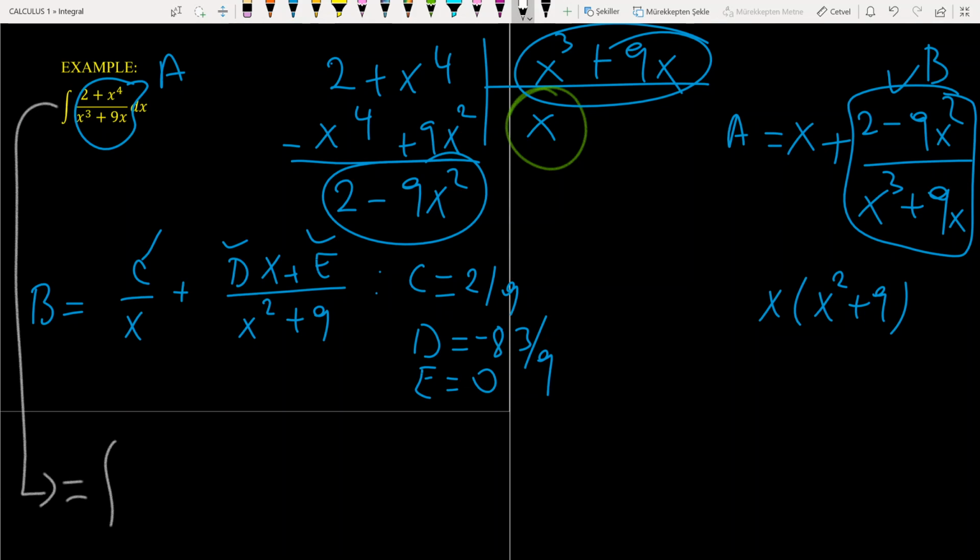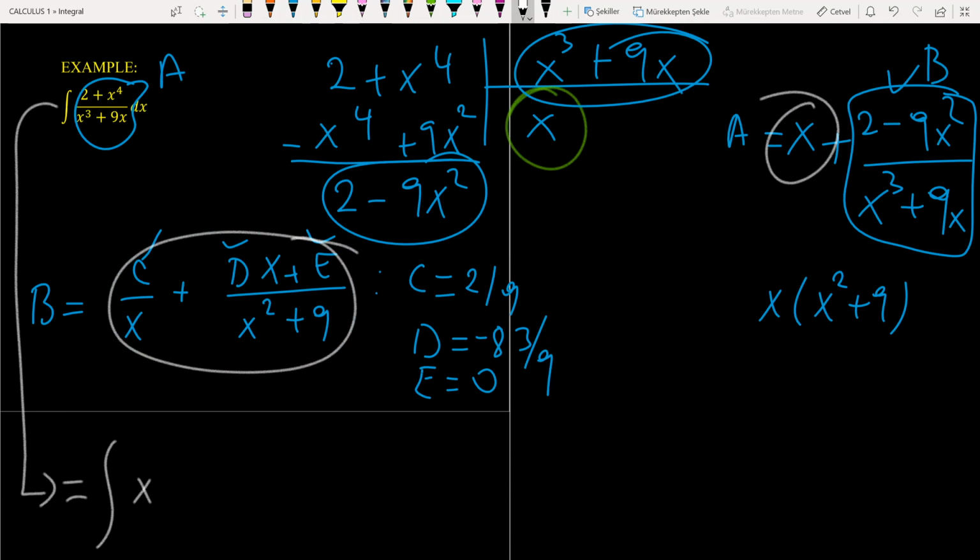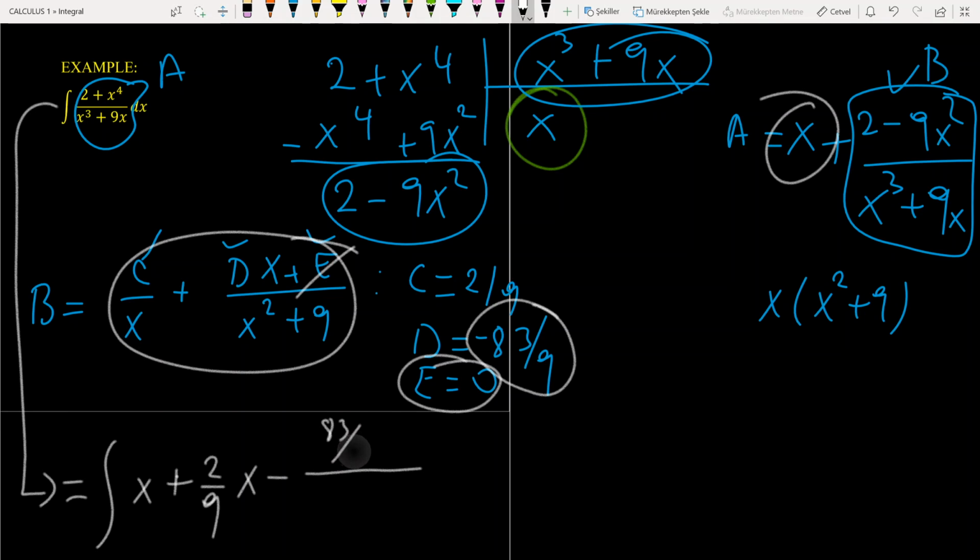This integral is equal to the first term, x, plus B. Instead of B, I have this expression, plus, instead of C, we have 2 over 9x, plus, look at the coefficients, E is 0, so we don't have this expression, and D is minus something, so we have minus 83 divided by 9 times x over x squared plus 9 dx.